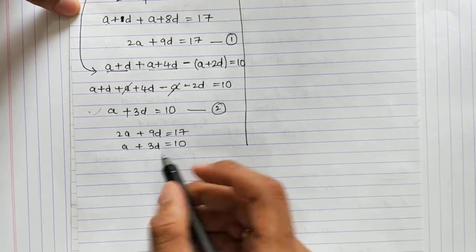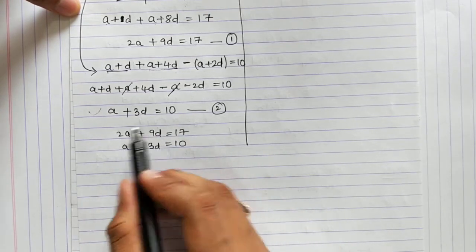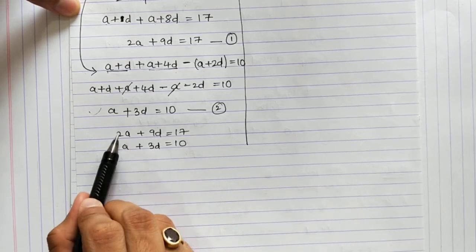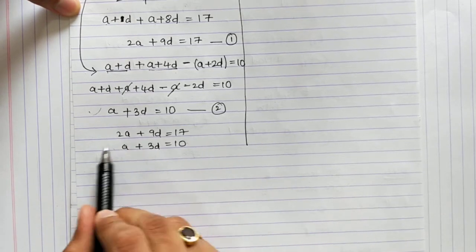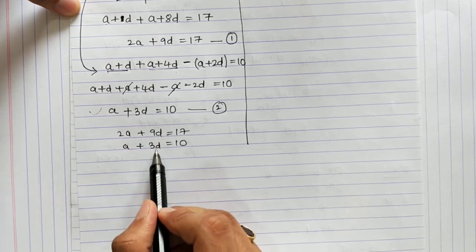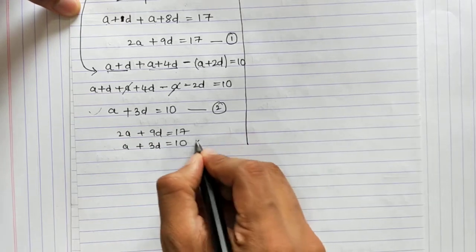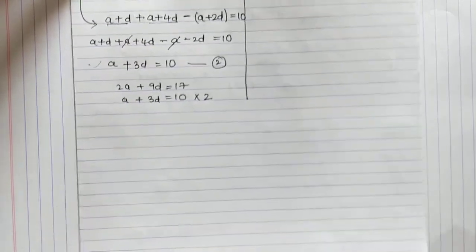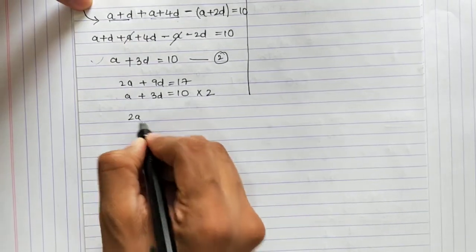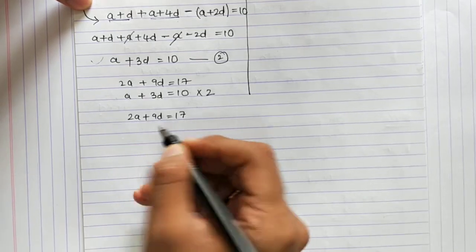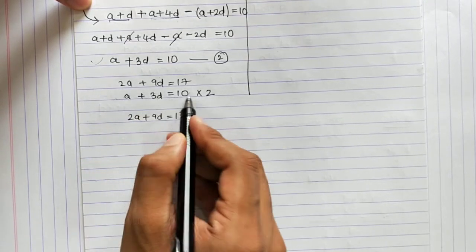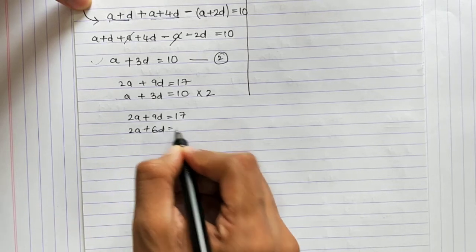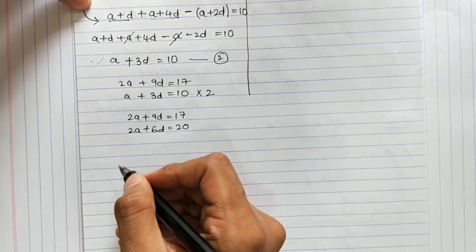To make the coefficient same, you can either multiply this equation by 2, so this will become 2a, or multiply this equation by 3, so this will become 9d, depends on you. I'll multiply this with 2. So 2a plus 9d equals 17, and the other equation multiplied by 2 becomes 2a plus 6d equals 20.